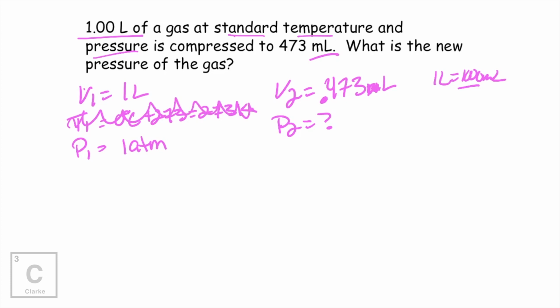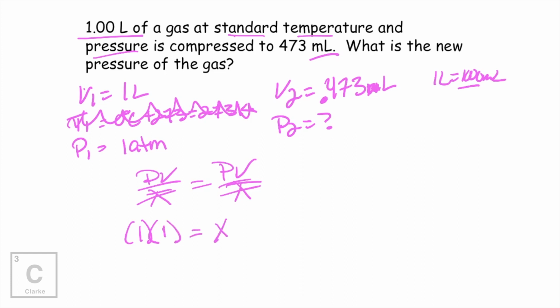If we're looking at our combined gas law, so we don't have to memorize all of the laws, PV over T equals PV over T, except we just decided we were not going to use T, so we've just got PV equals PV again. Let's fill that in. Pressure 1, that's 1 atmosphere, times 1 liter. Pressure 2, that's what we're solving for, I'm going to put an X. Volume 2, 0.473 liters.